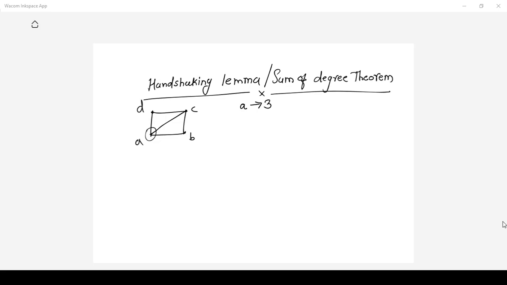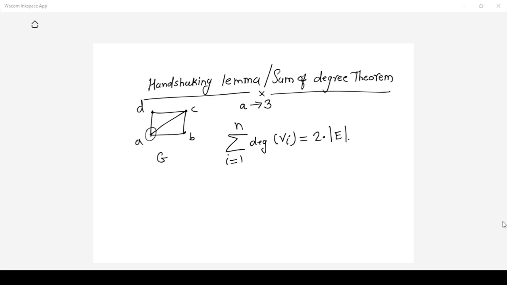So what the sum of degree theorem or handshaking lemma says is that the sum of degrees of all vertices of a given graph is always equal to twice the number of edges. Now let us consider this graph G and find out the degree of each vertex.